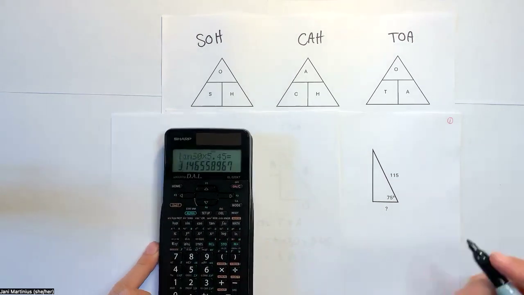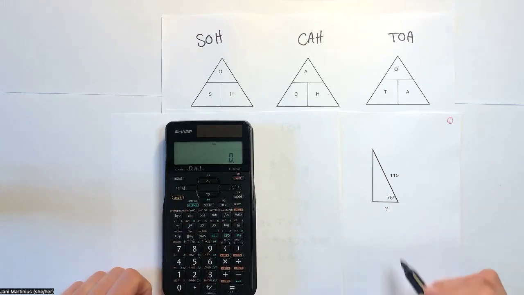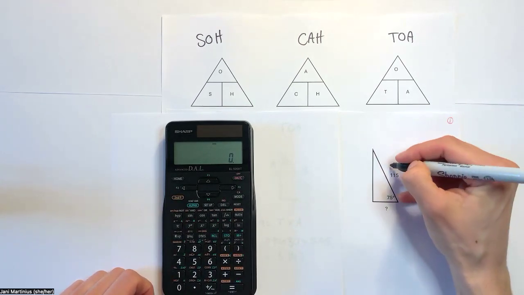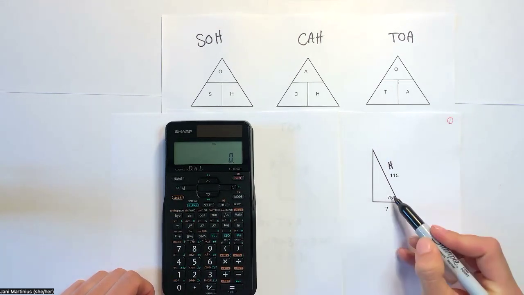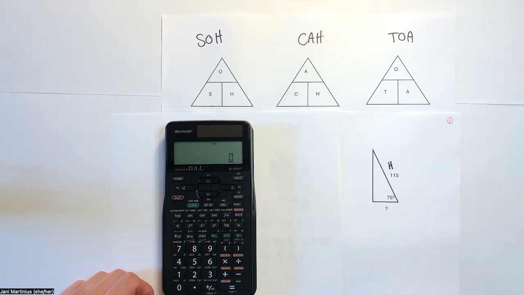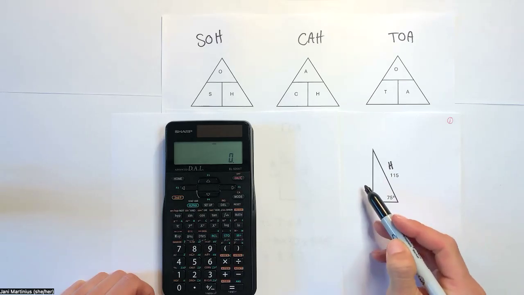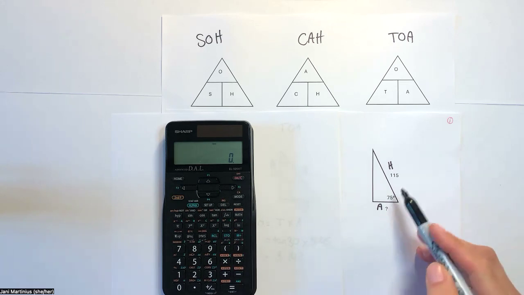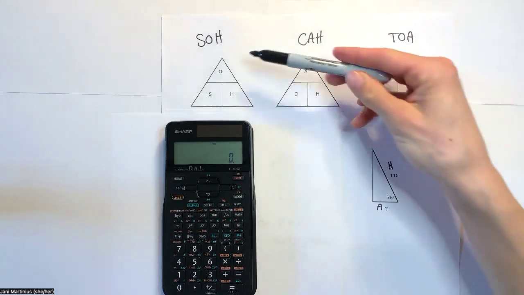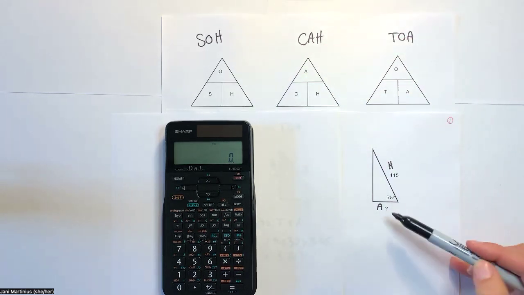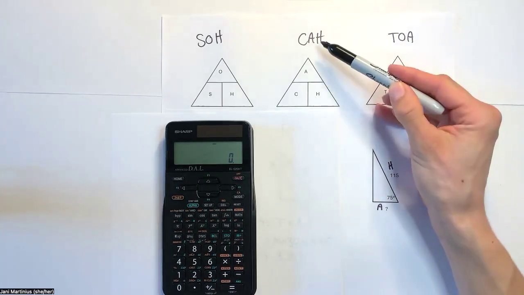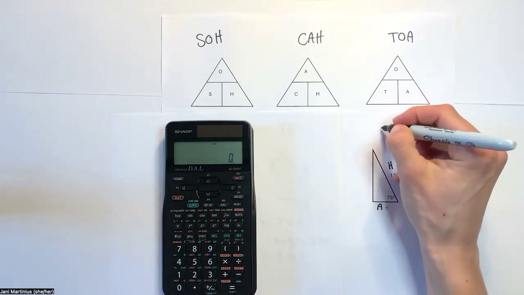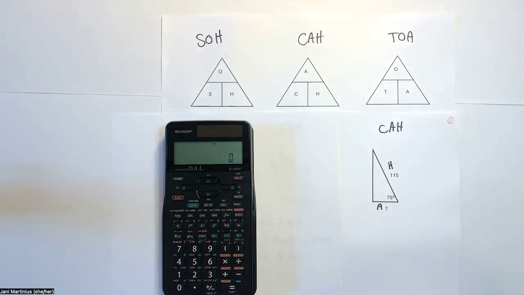Okay, so we have an angle given to us down here. We have a hypotenuse that's included, awesome. And we have an adjacent side that has a question mark. This would be our opposite, but nothing is given to us here, so I'm just going to leave it blank for now. We have a hypotenuse, okay, so that leaves us SOH and CAH to work with, and we have an adjacent, which means CAH. Now let's figure out which equation we need to work with.